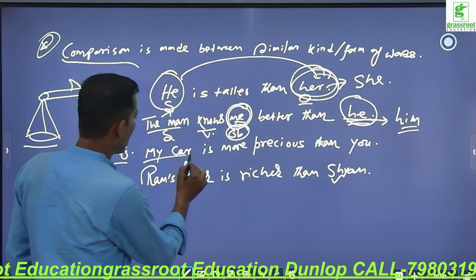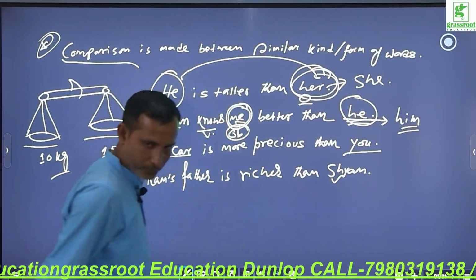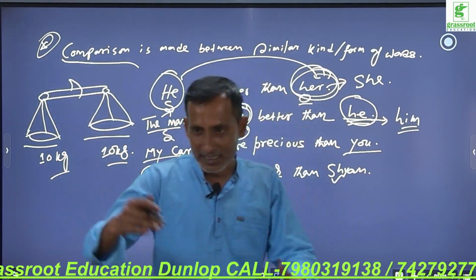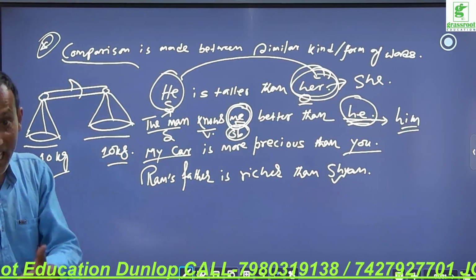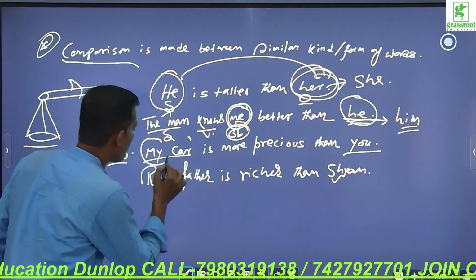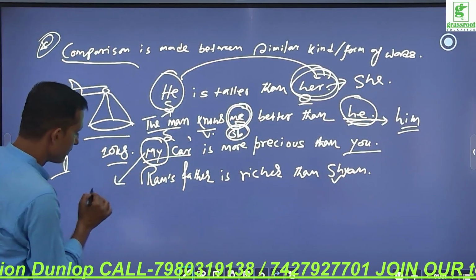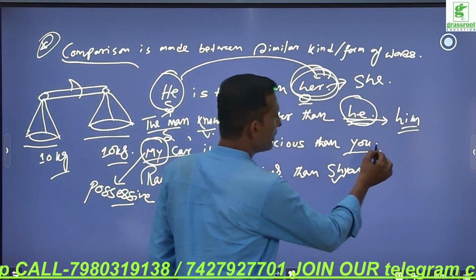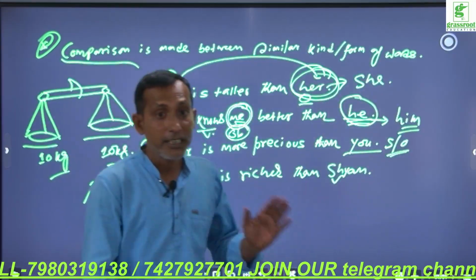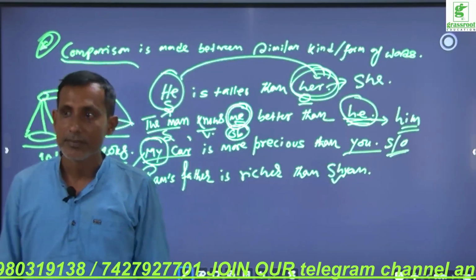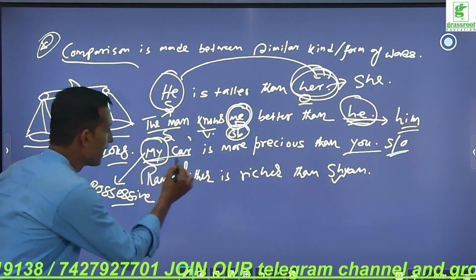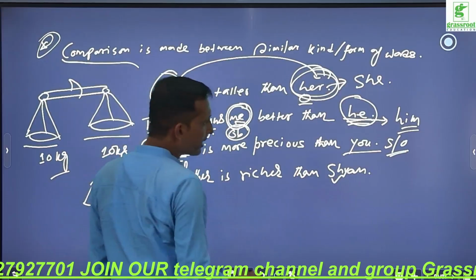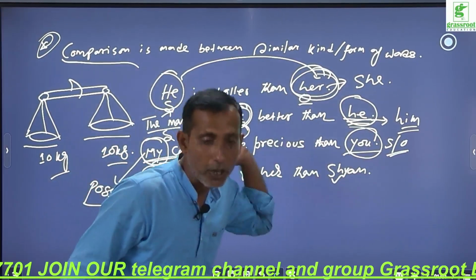Next, Micah is more precious than you. Look at this sentence. So what's wrong with it? The error lies in Micah, that is possessive, and you is subjective or objective, because you is both subjective and objective. But here the subject is Micah, that means it is in possessive form, and it is compared with you, which is subjective or objective.